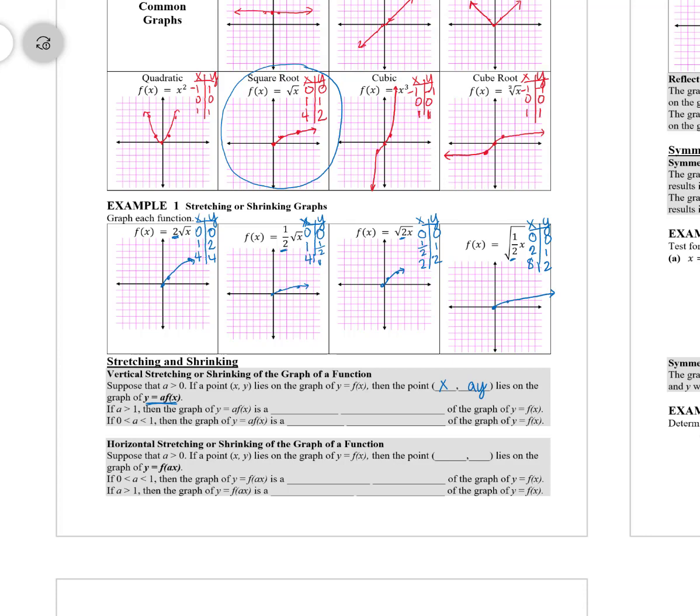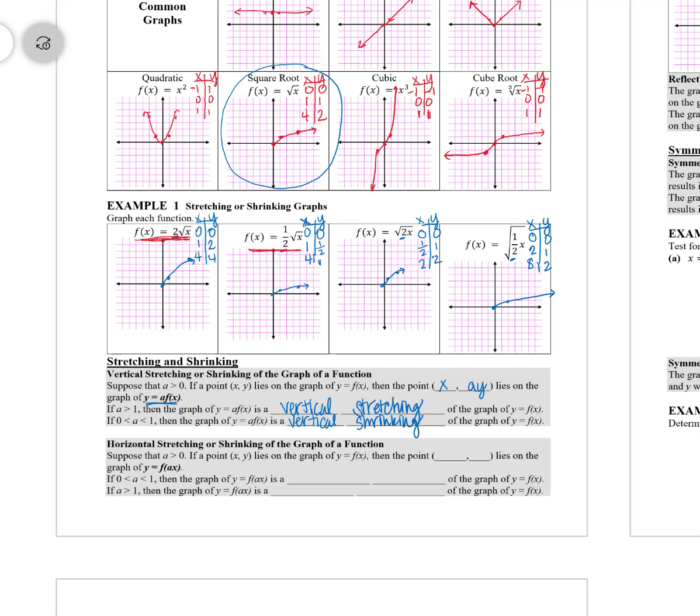Now if a is greater than 1, then the graph of y equals a times f of x is a vertical stretching of the original graph. If a is between 0 and 1, then it's a vertical shrinking. So the vertical stretching graph that we did was this one here, f of x equals 2 root x. The vertical shrinking was this one here.